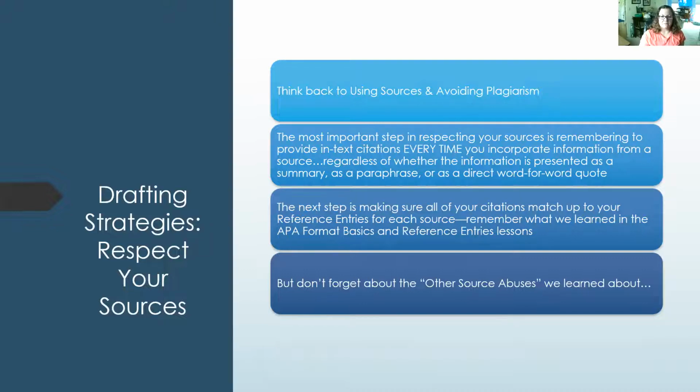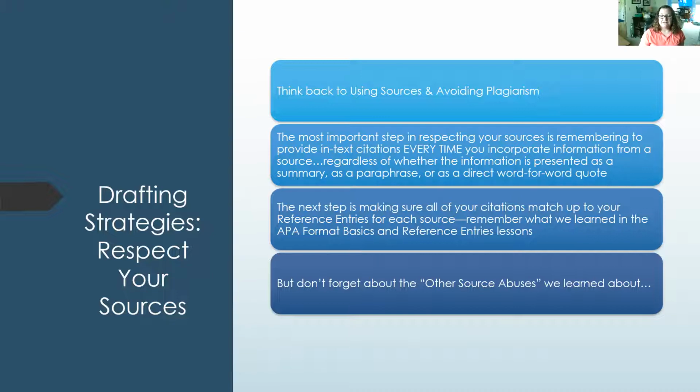No matter if it's a summary, no matter if it's a paraphrase, no matter if it's a direct word-for-word quote, citation, citation, citation. The next step is making sure that all of your citations match up to your reference entries for each source. Now remember, if you did the reference entries first, like we learned, and you used that to create your citations, then everything should match up.